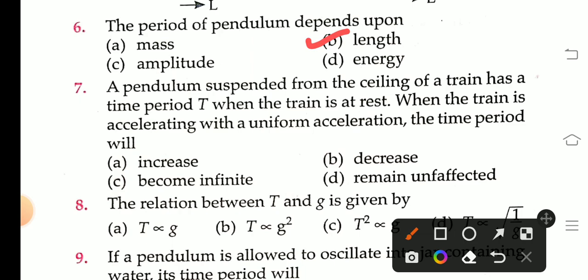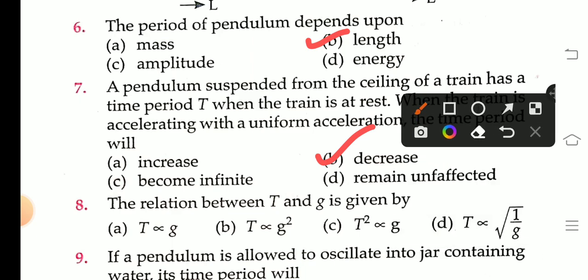Next, a pendulum suspended from the ceiling of a train has a time period T when the train is at rest. When the train is accelerating with a uniform acceleration, the time period will be. Right answer will be option B. Decrease.